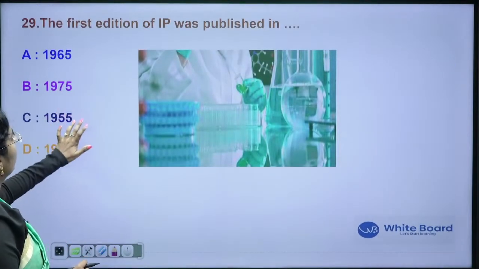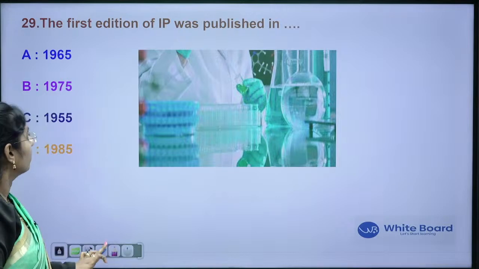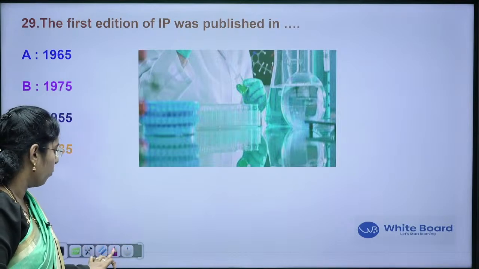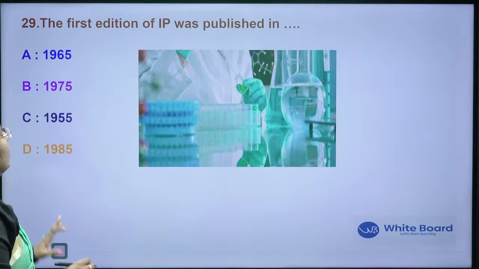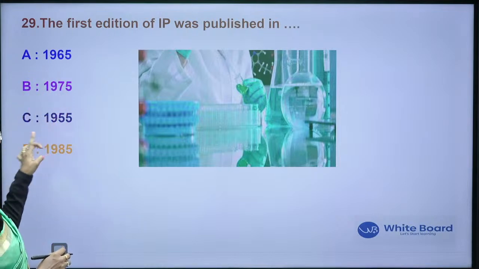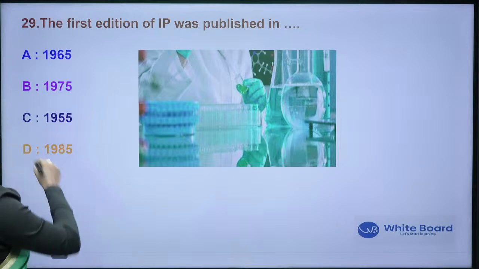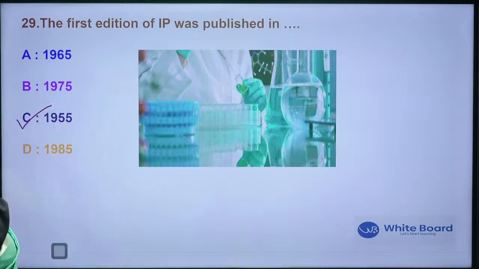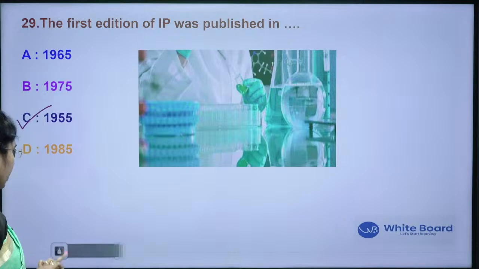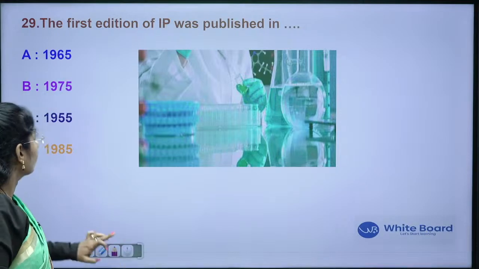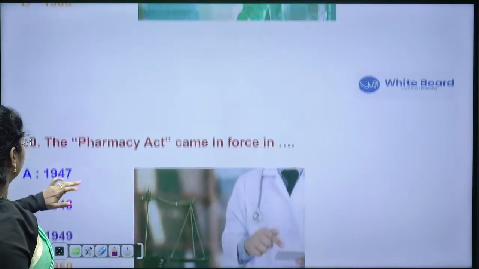Next question. The first IP, that is Indian Pharmacopoeia, was published in 1965, 1975, 1955 or 1985. This is a direct answer, that is 1955. The first Indian Pharmacopoeia was published in this year.